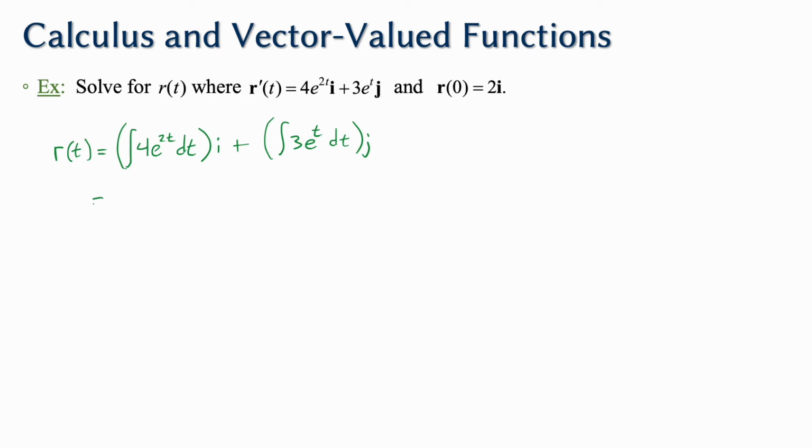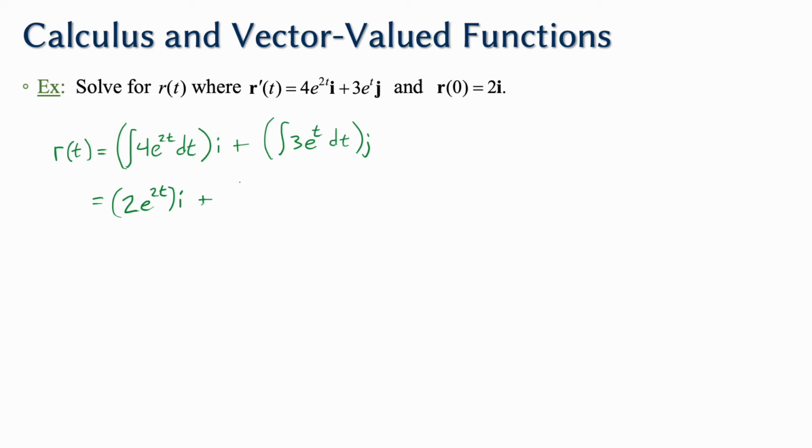So if I work this out, I'm going to get 2e raised to the 2t. And there is going to be a plus c, but I'm going to take this whole thing, multiply times my i, right? And then I'm going to move that plus c off to the side, because you're going to get a plus c with this one, and a plus c with this one. So I'm just going to antidifferentiate each one, and then put those c's together as one general plus c at the end.